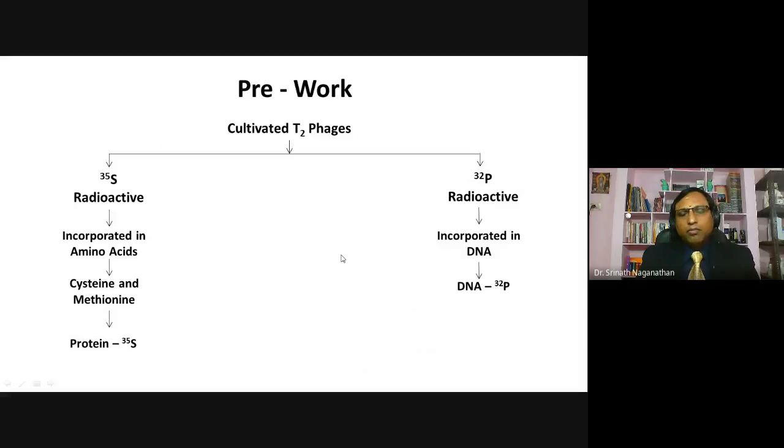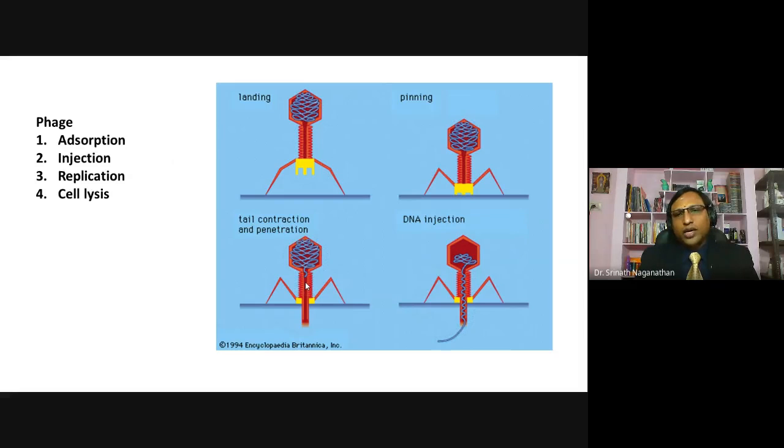From this model, we can understand whether the protein is getting transferred or the DNA is getting transferred.